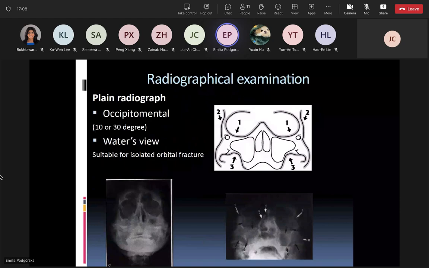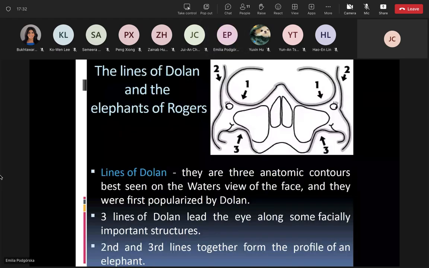But I think that this radiograph is history because we have CT or MRI. It is the best diagnosis to identify soft tissue and bone structures. The lines of Dolan and the elephant of Waters.